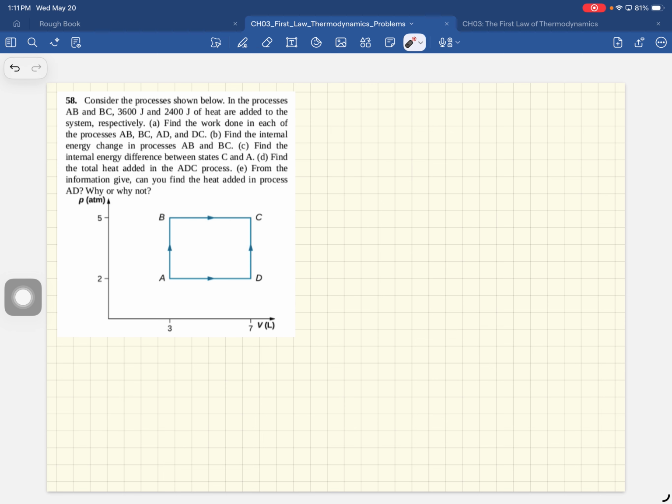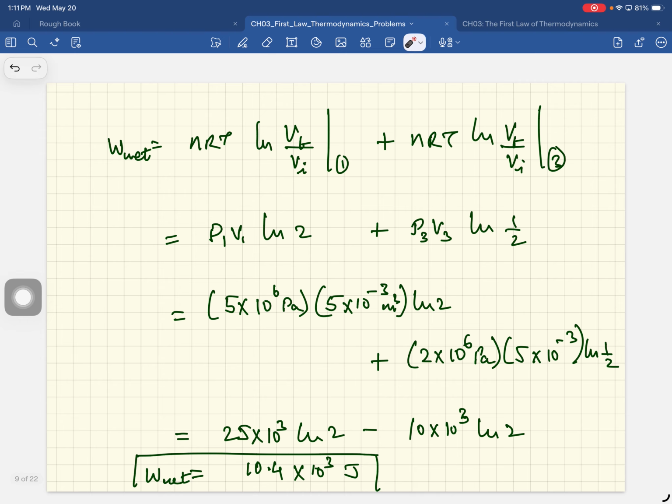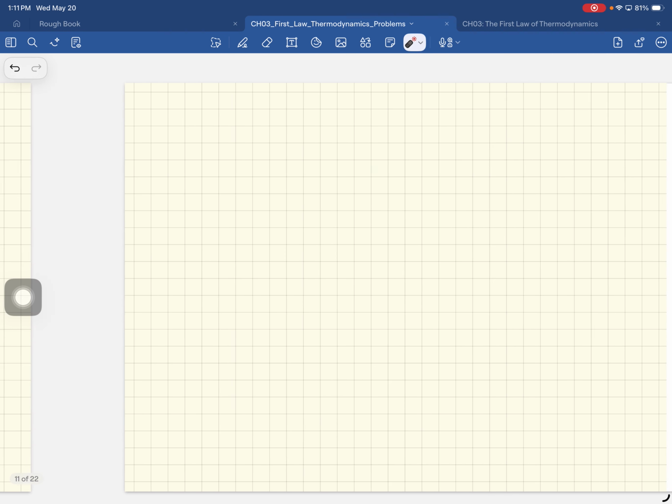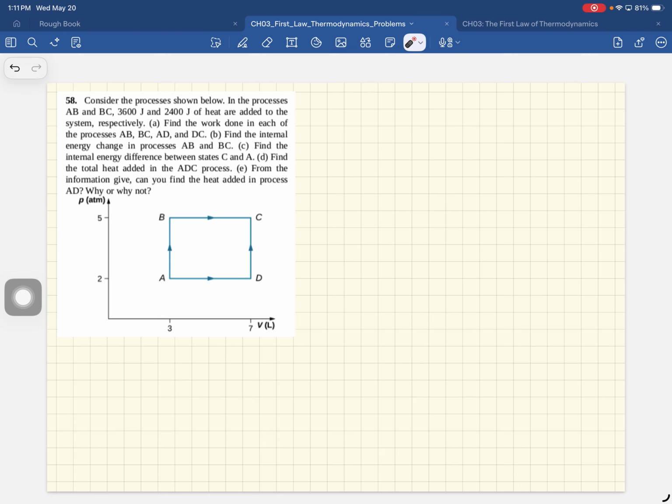Initial volume was 10 liters. So this is 192 over 20 times 10 to the minus 3 meter cube, plus 10 liters. And this is a liter, so this is 9.6. So the final volume was 20 liters.